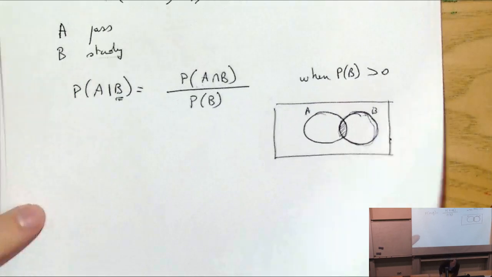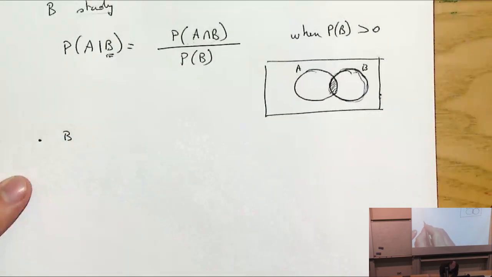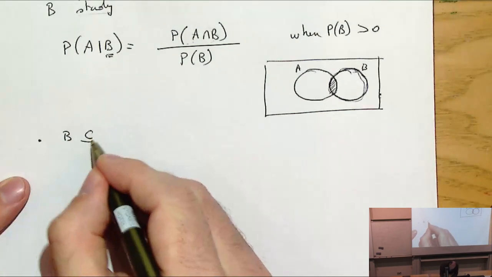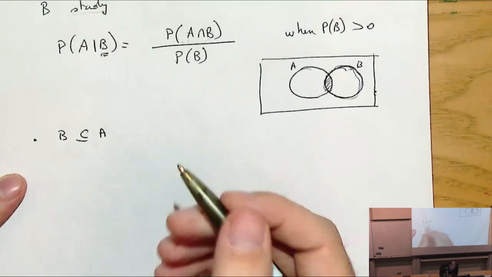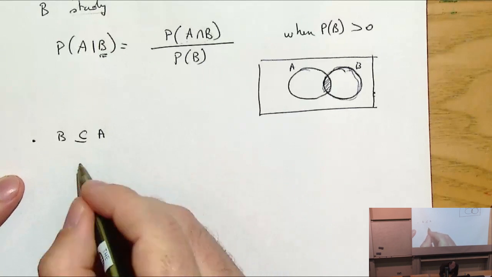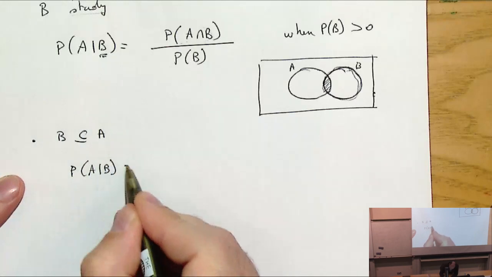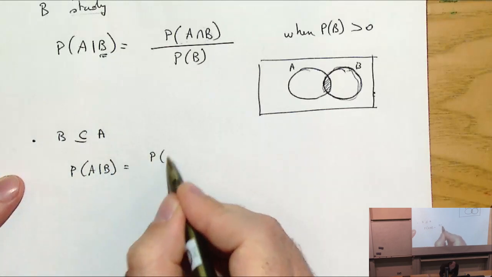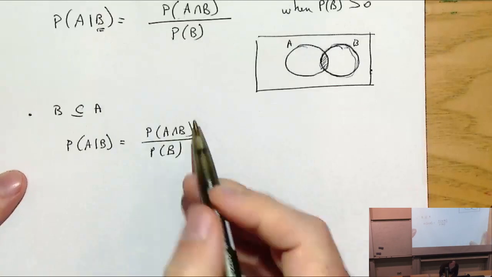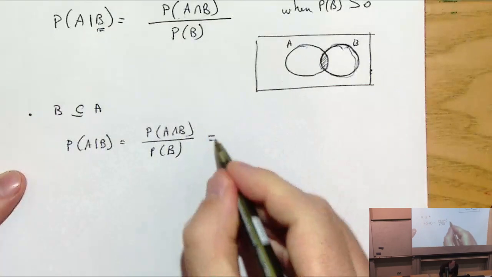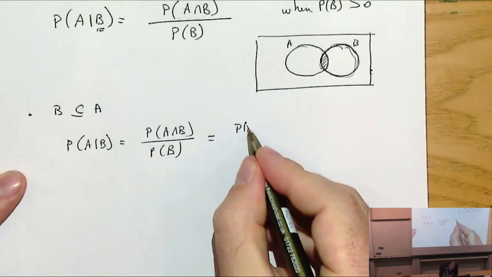So let's imagine that B is a subset of A, right? So what's happening then is that if B is a subset of A, then you can write your conditional probability here as P of B, and since B is a subset of A, the intersection between A and B is nothing else than B, right?